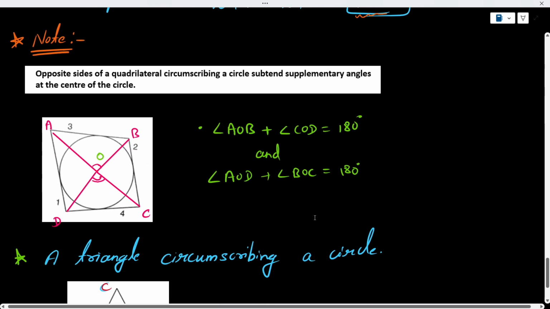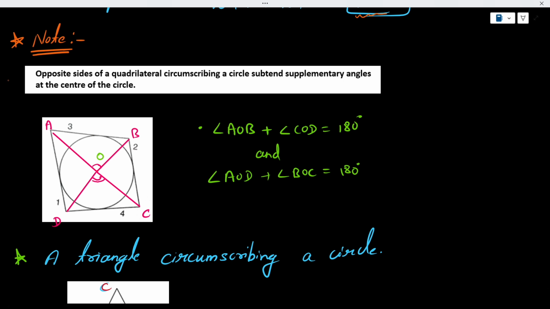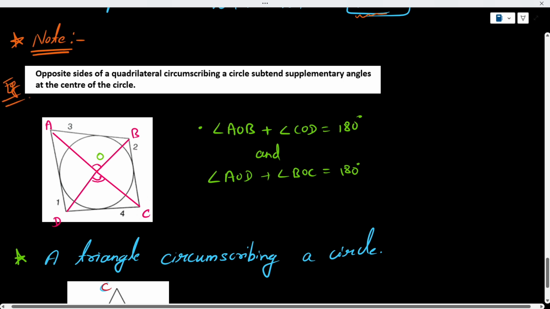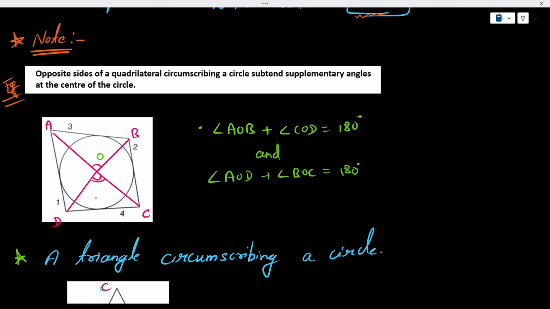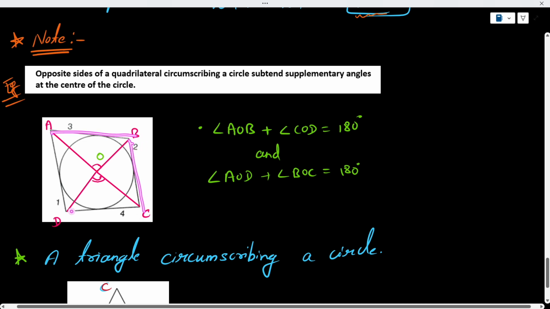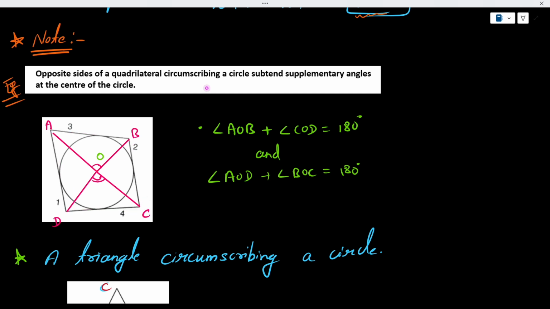Now here is another question you have also done as a proving part. What does it say here? This is again a quadrilateral circumscribing a circle. So ABCD is a quadrilateral circumscribing a circle, and there are four tangents AB, BC, CD and AD. What you need to remember here is the angles subtended by the opposite sides at the center, right? What are the opposite sides of the quadrilateral?